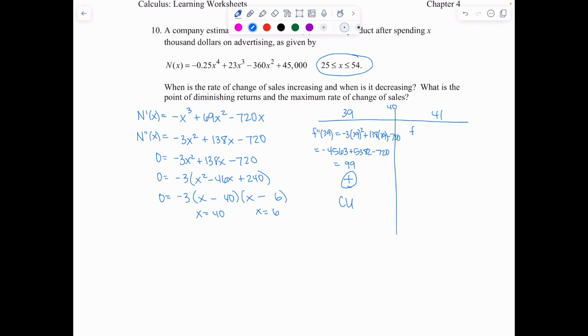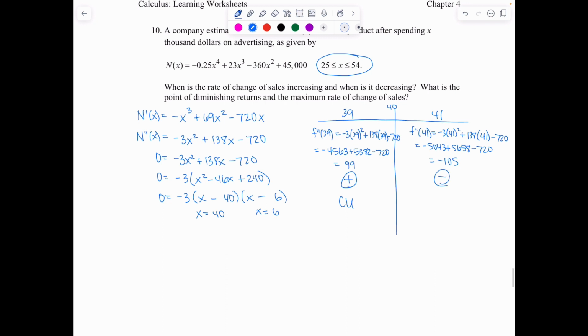Second derivative at 41. Negative 3 times 41 squared plus 138 times 41 minus 720. So we'll have negative 5,043 plus 5,658 minus 720, which will give us negative 105.